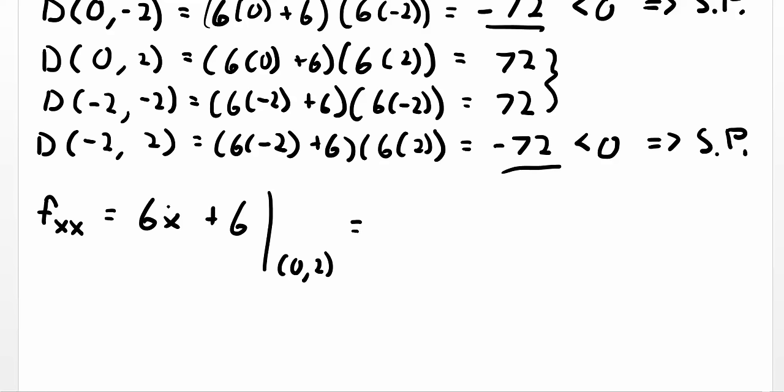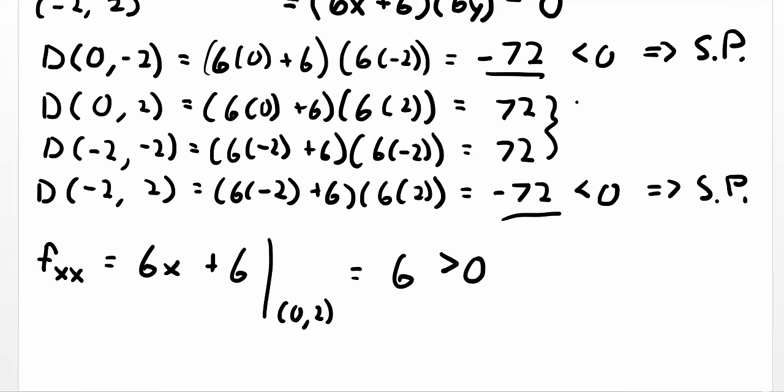And we get positive 6, which is a positive number. Now, when you have the discriminant positive and the second derivative with respect to x positive, this implies a minimum, a local minimum.